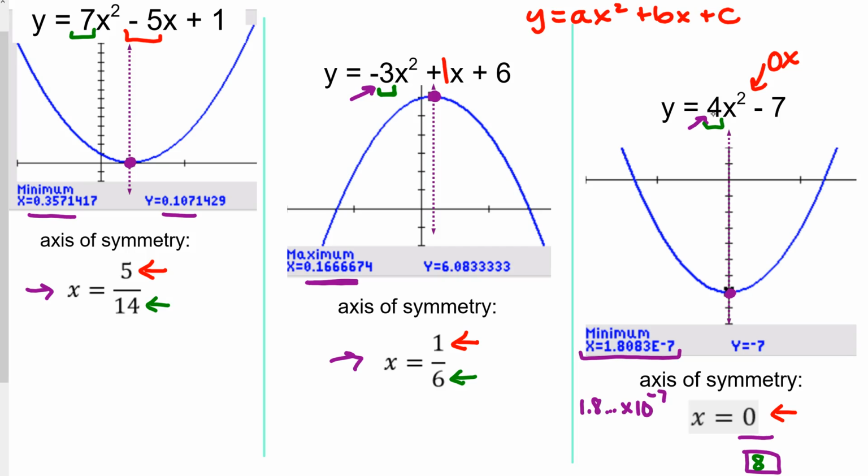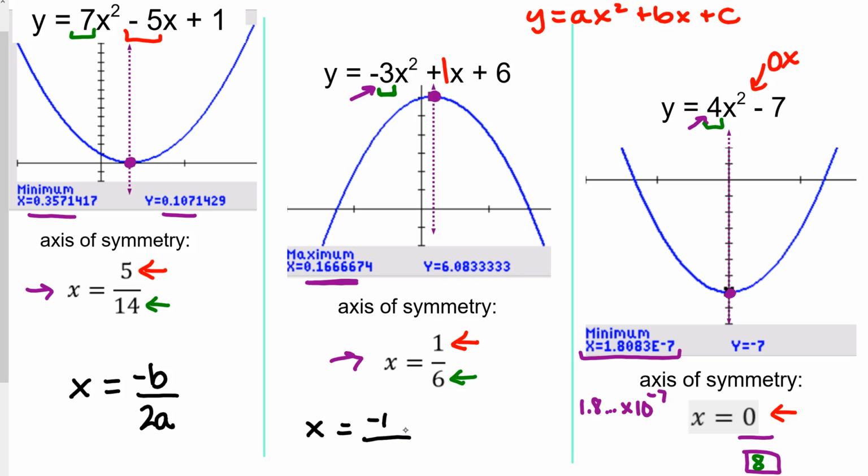So what are we arriving at? Looking at the first one, we could say that the axis of symmetry has as its numerator the opposite of the b value, and as its denominator 2 times the a value. Will that pattern hold for the next one? If I do the opposite of b, I would get the opposite of 1, negative 1.